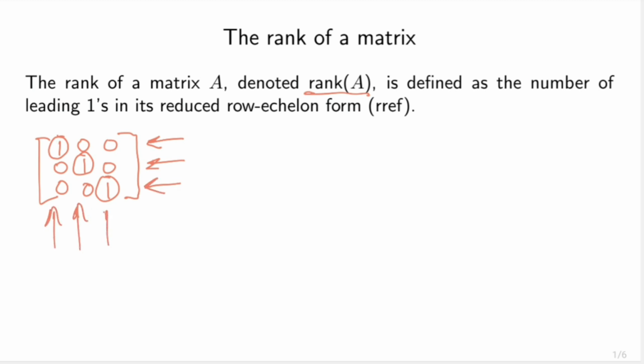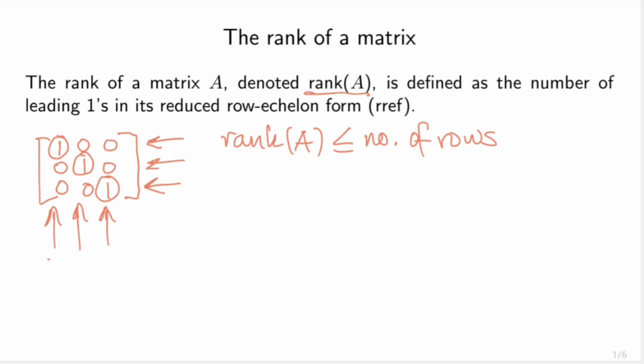So immediately we can deduce one fact about the rank of a matrix, that the rank cannot be greater than the number of rows, because every row has at most one leading one.